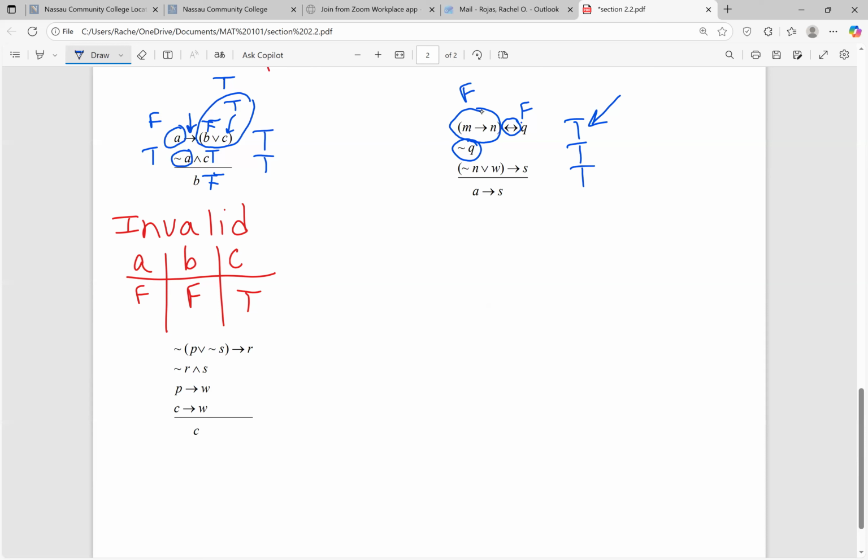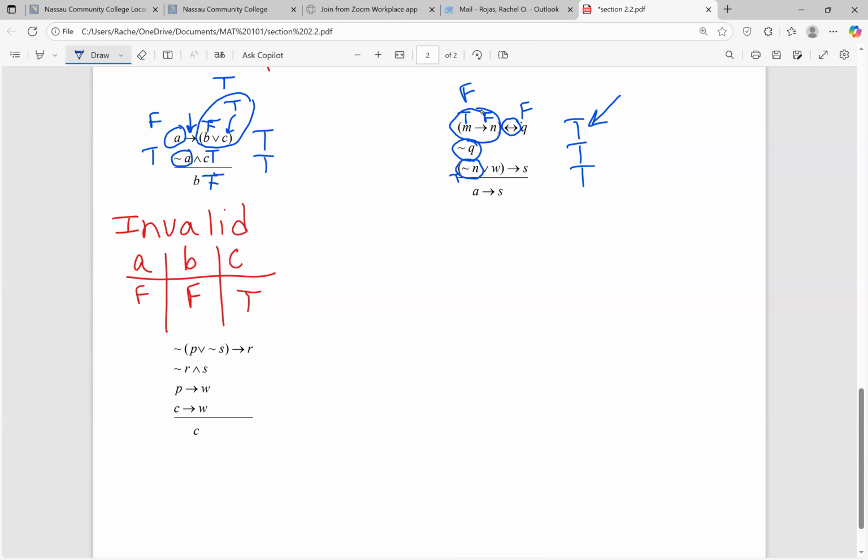And the only way a conditional could be false is if the left-hand side is true and the right-hand side is false. So that would make M true and N false. And not N then would be true. So not N would be true.